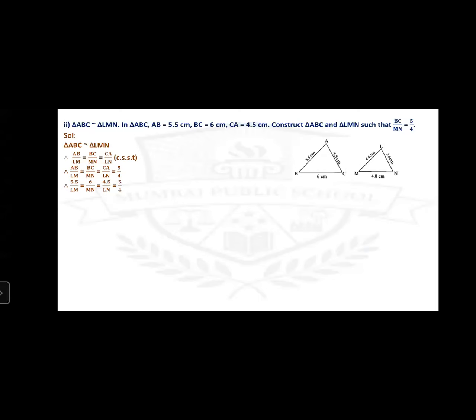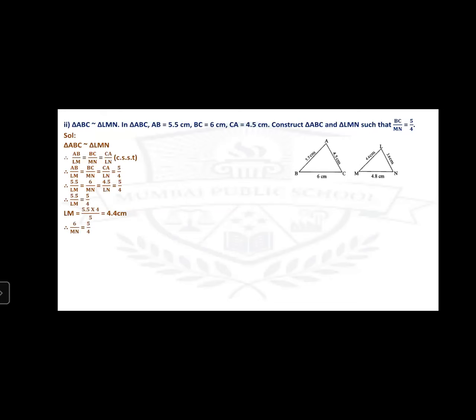Now comparing any two ratios, first we compare 5.5 divided by LM is equal to 5/4. Cross multiply it, then we get LM is equal to 4.4. That is 5.5 into 4 divided by 5, 1.1 into 4 is equal to 4.4. Then we consider the next ratio, that is 6 by MN is equal to 5/4. Again cross multiply it.